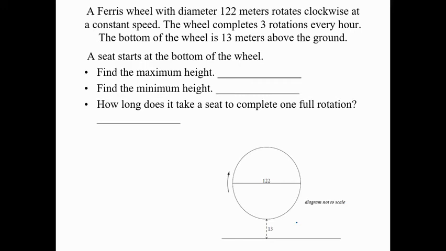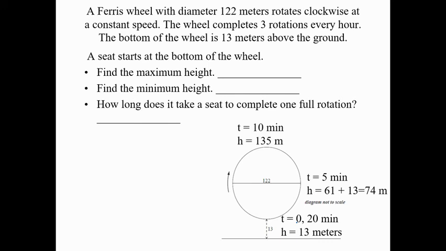So in this case, our maximum height and minimum height are different, okay? Your minimum is at 13, but notice that your maximum is going to be the 122 plus 13. And in fact, notice that the height over here was 61, half of the diameter, plus 13.